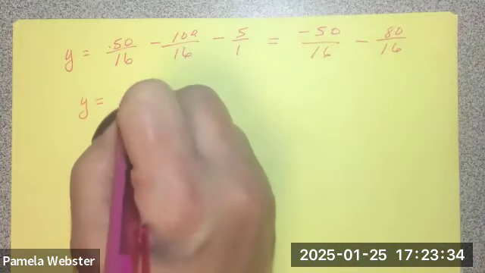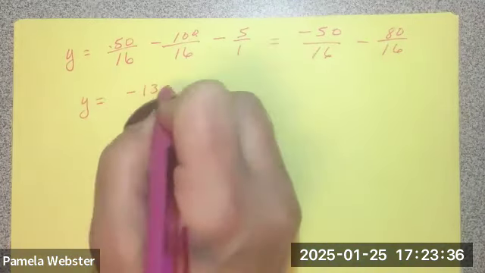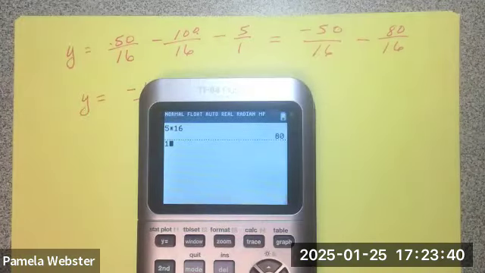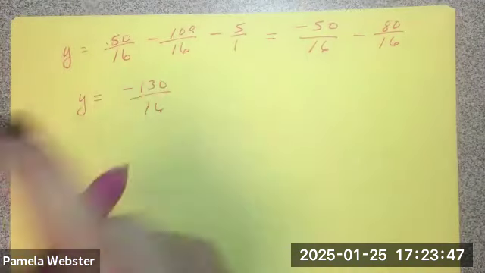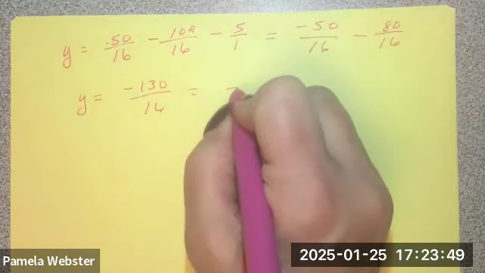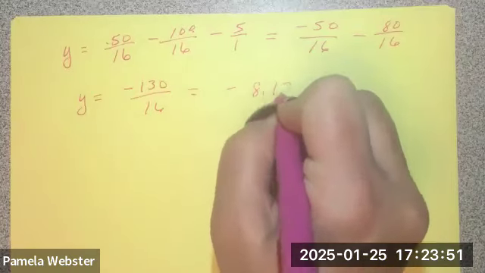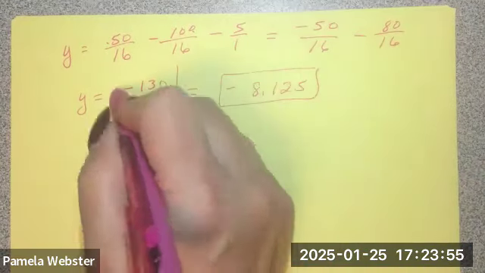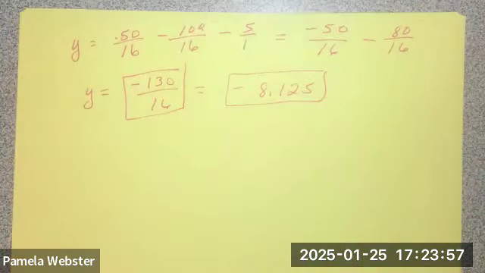Y equals negative 130 over 16. Let's check it on my calculator. Oops, no, 130 over 16. That looks better. Negative 8.125. All right. So either one of those answers would be absolutely fine.